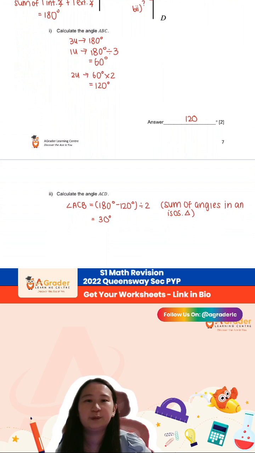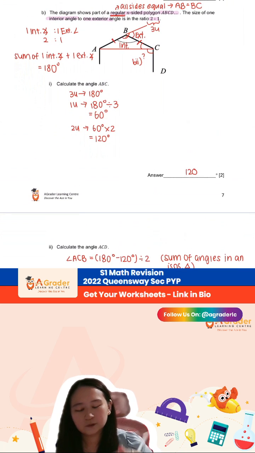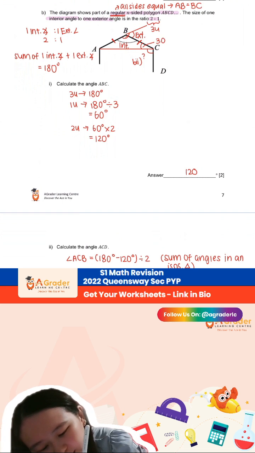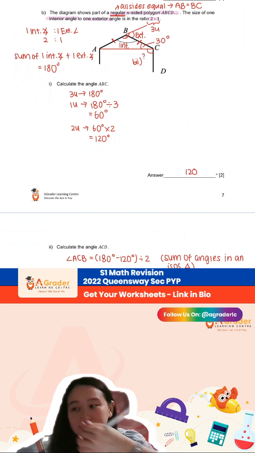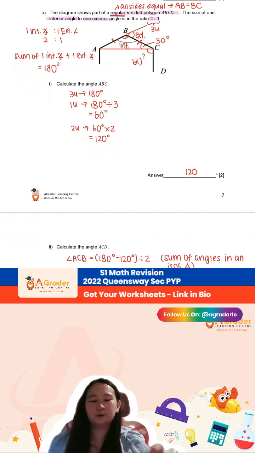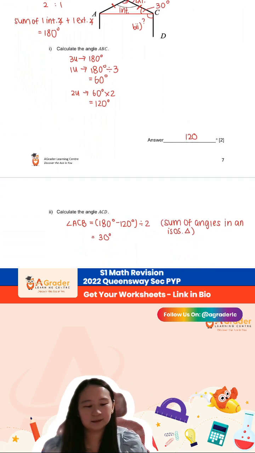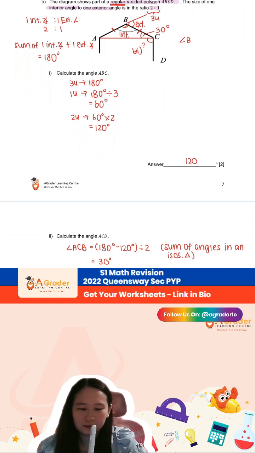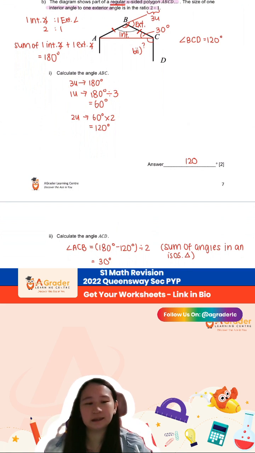So we get 30 degrees. So you know that this is 30 degrees. Our angle BCD is also the interior angle, so it's 120 degrees. So with this, we can find our angle ACD.